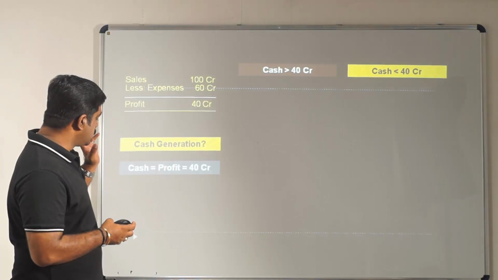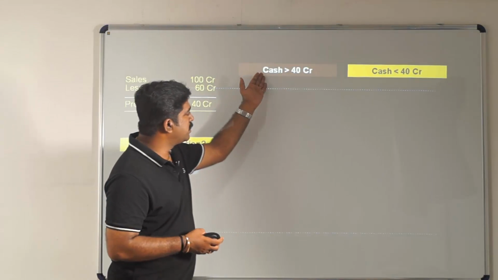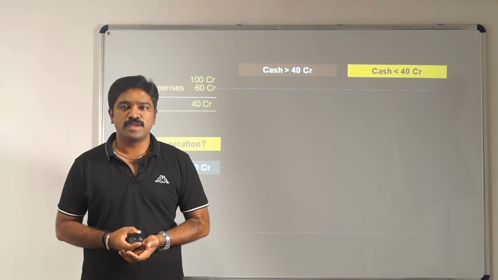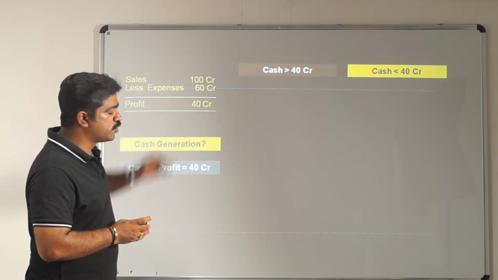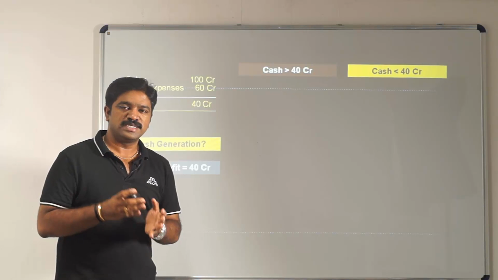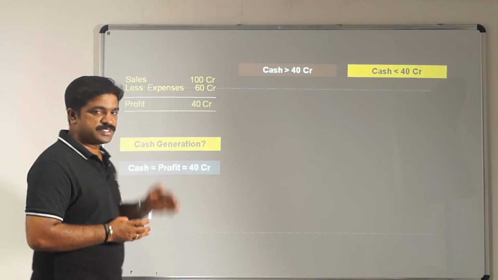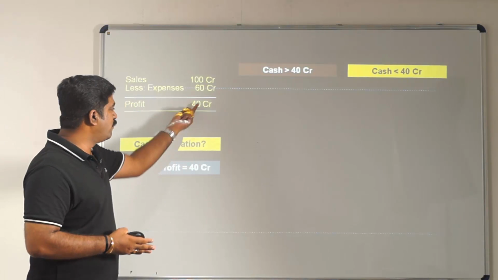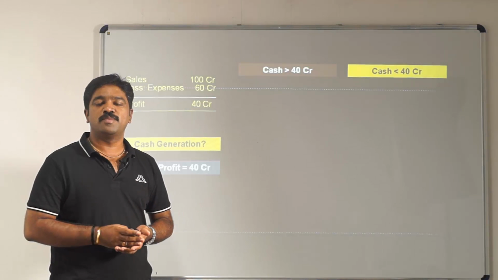Now, the scenario we are looking at is that cash can be equal to 40, or greater than 40, or less than 40. When cash generation can be equal to 40, follow me very closely. If you have made sales of 100 crore and realized all your sales, no customer is pending payment, and if you have incurred expenses of 60 crore and paid all your expenses, then your profit will match cash generation, in which cash will be equal to profit, that is going to be 40 crore.